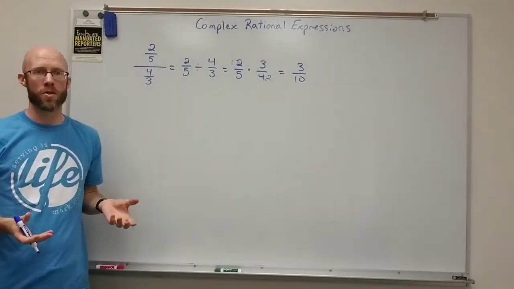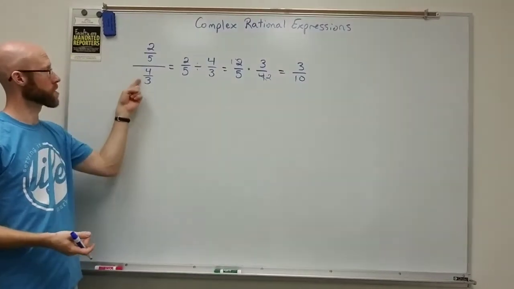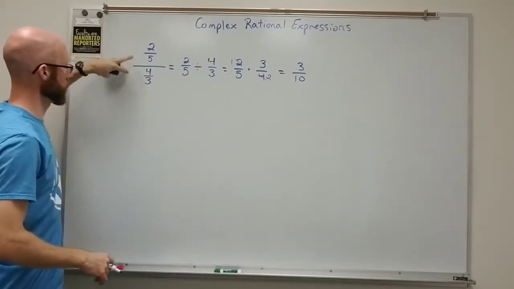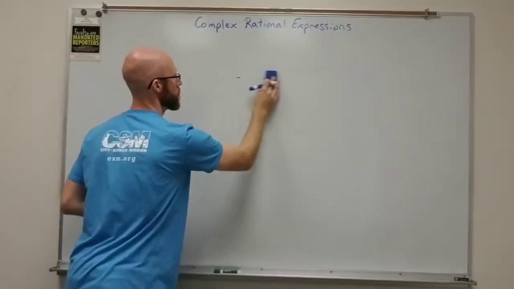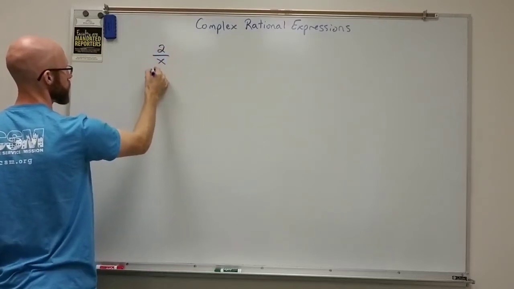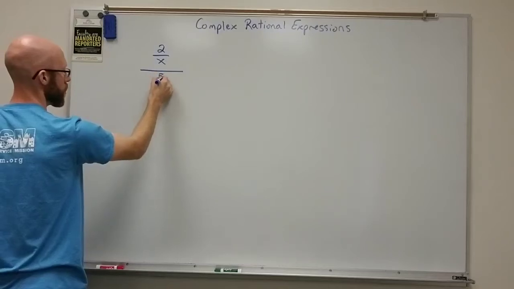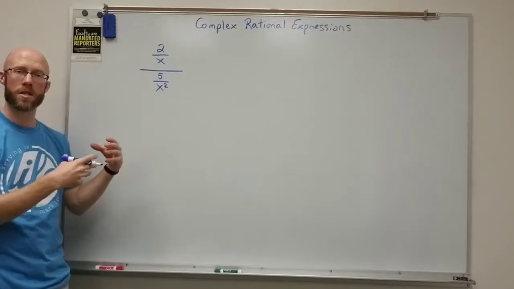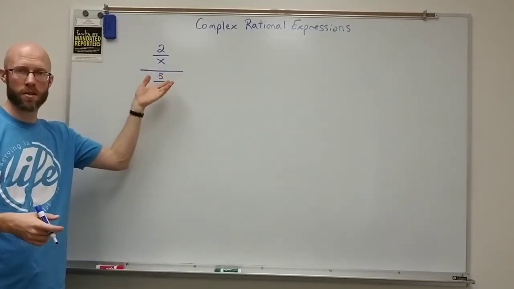Okay? Now we can do the same sort of process with rational expressions instead of just numerical fractions in the complex fraction. So let's repeat this process. Something like 2/x divided by 5/x squared. Again, I'm going to skip that first step where I rewrite it as a division, because we already know that that's going to be the case.